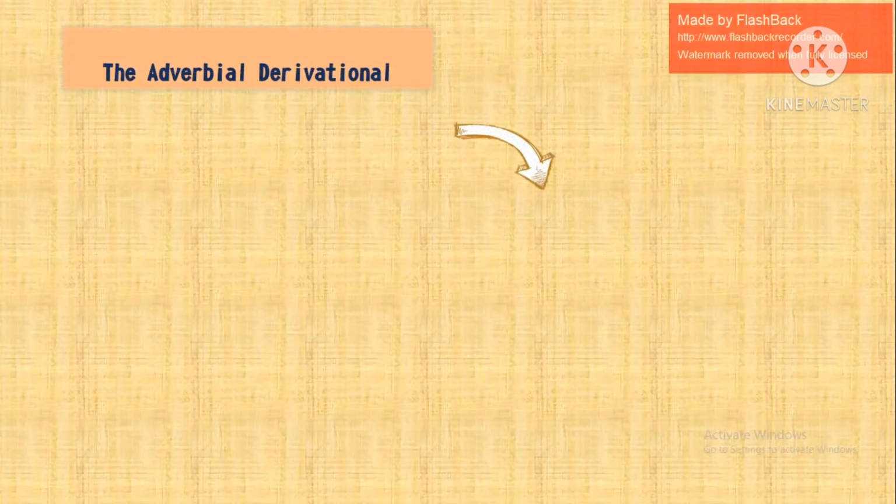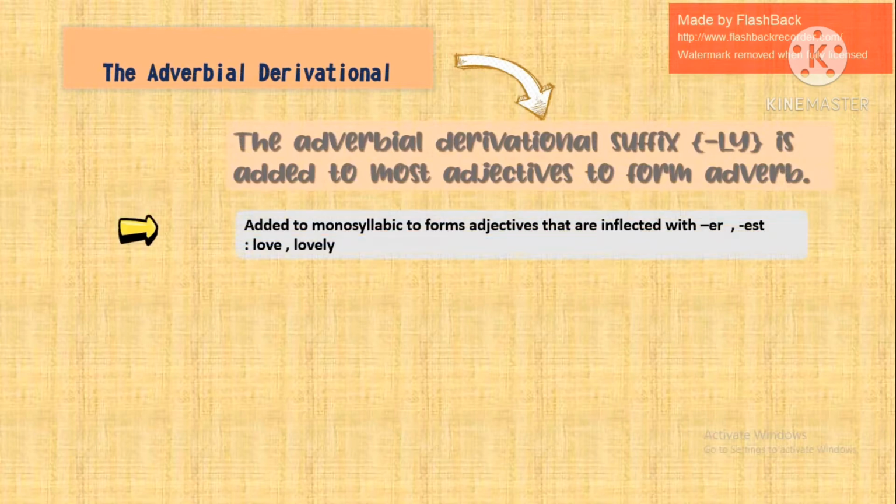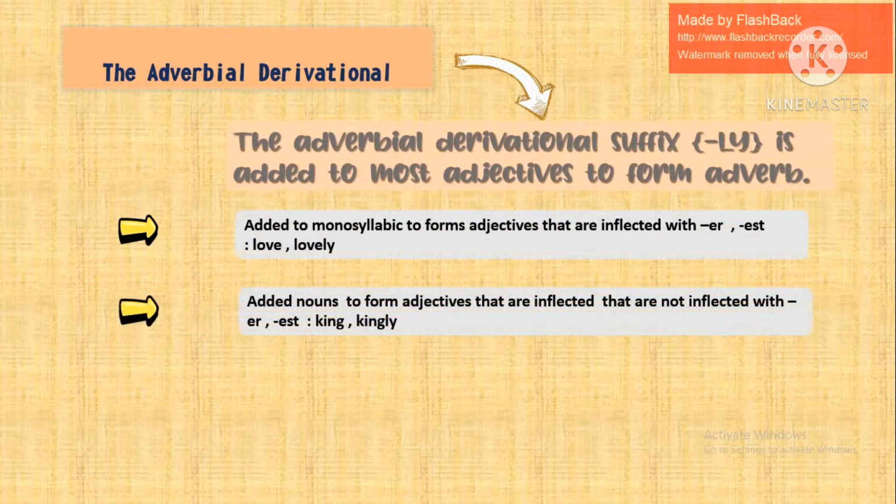Next, this is the last form, the adverbial derivational. The adverbial derivational suffix is added to most adjectives to form adverbs. It's divided into several, and the first one is added to monosyllabic nouns to form adjectives that are inflected with -er, -est, like love and lovely.